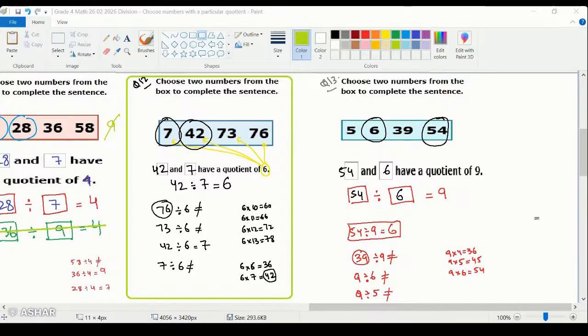This is grade 4, chapter 11, lesson 8, and test. Sometimes it takes a little time to copy, that's why.